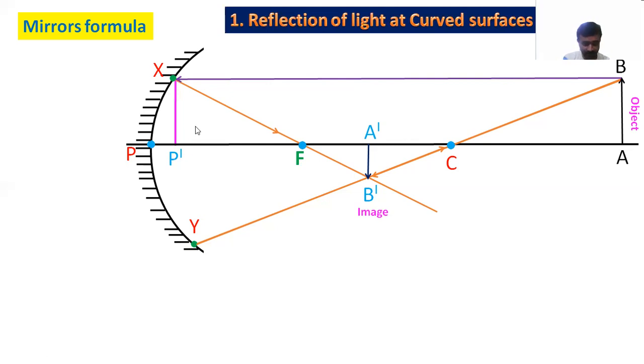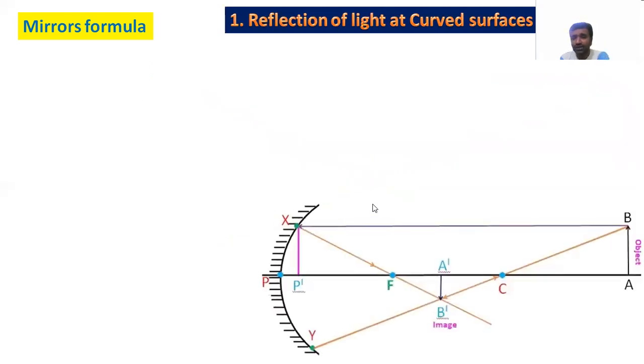Then simply I am going for the derivation part. I have shown the ray diagram smaller here. So can anybody find the similar triangles in this? Do you know the first similar triangles? Give me your response. What triangles are said to be similar?